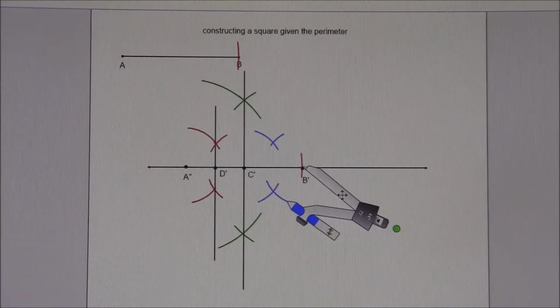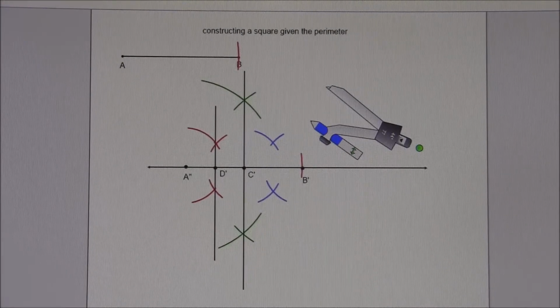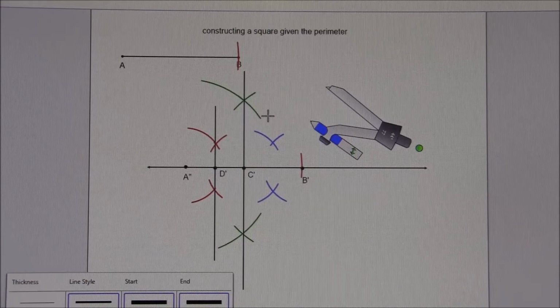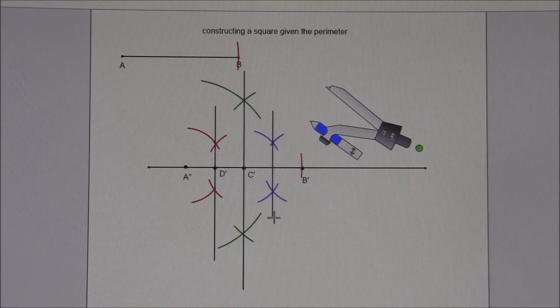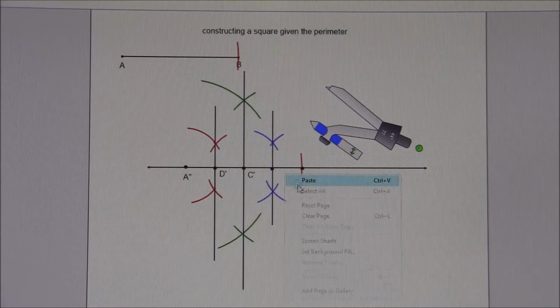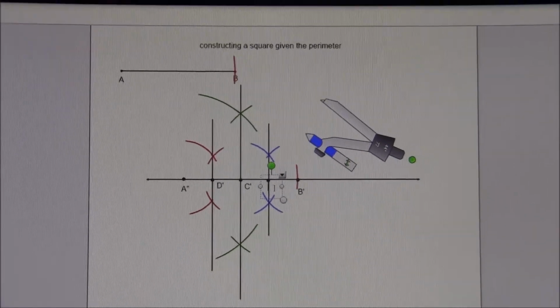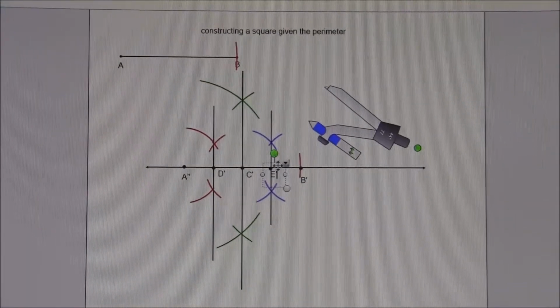All right. So we just bisected all of those lines. And let's call this new point E prime. Okay. Do you see the four sections of this square?